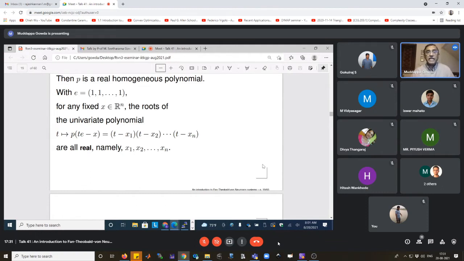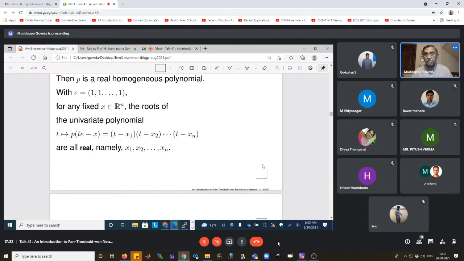But p of x is simply the product of the entries of x. So p of t e minus x is nothing but t minus x1 times t minus x2 dot dot dot t minus xn. So what are the roots of this polynomial? Well, t equals x1, t equals x2, dot dot dot. So the roots are x1, x2, xn, which are all real.